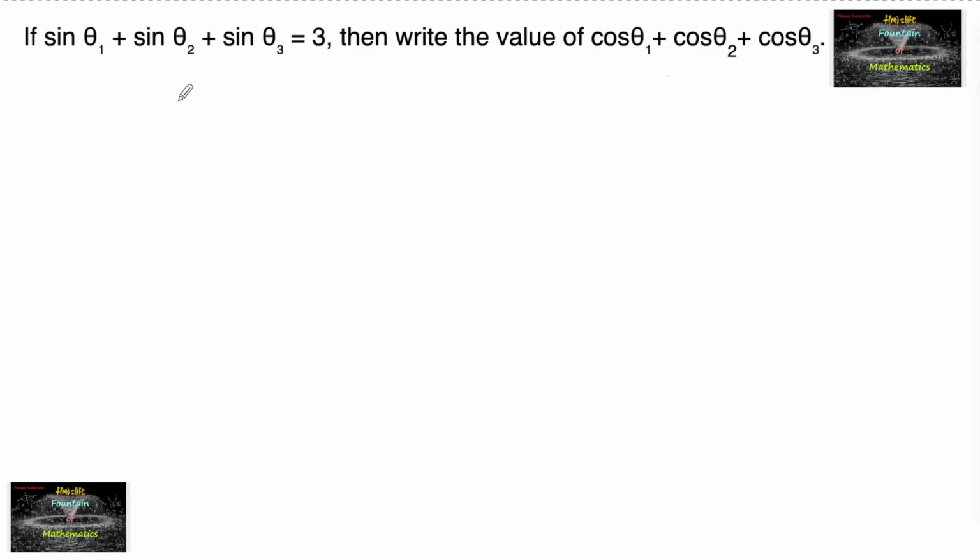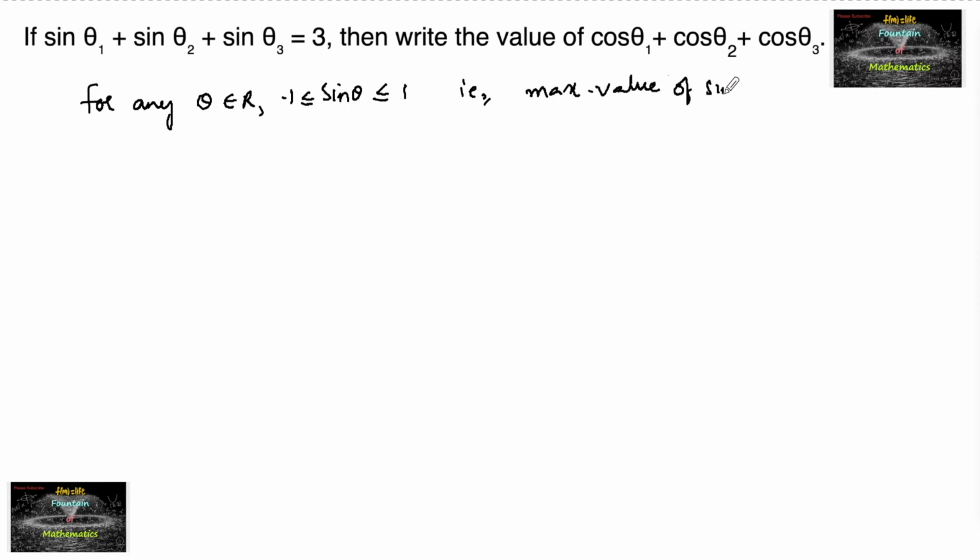If sin θ1 plus sin θ2 plus sin θ3 is equal to 3 for any three angles θ1, θ2, θ3, then write the value of cos θ1 plus cos θ2 plus cos θ3. Since we know that for any θ belonging to R, sin θ lies between -1 and +1, that is, the maximum value of sin θ is equal to 1.